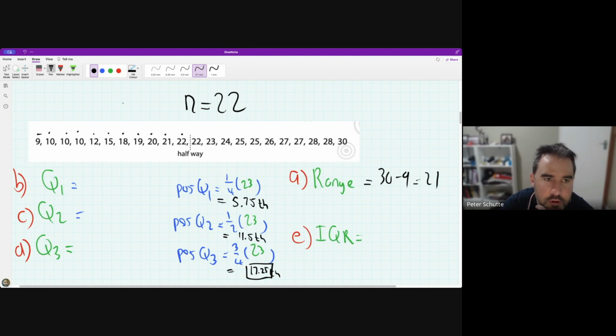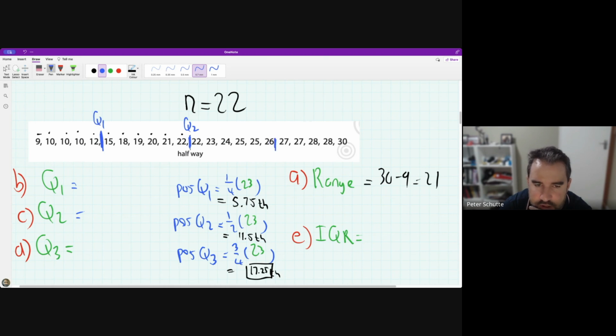Okay, so now 1, 2, 3, 1, 2, 3, 4, 5. So I think Q1 should be somewhere in that neighborhood. This is going to be where Q2 is, and Q3 is going to be 15, 16, 17.